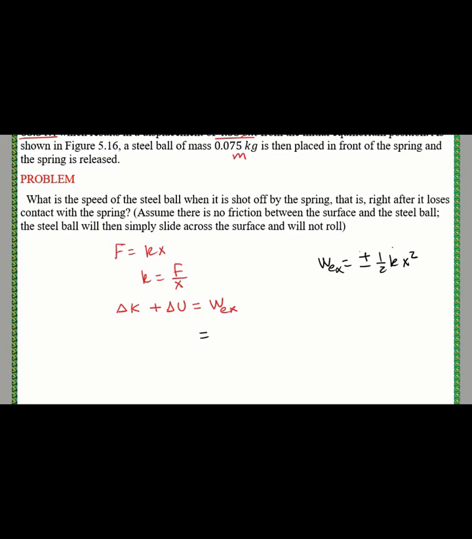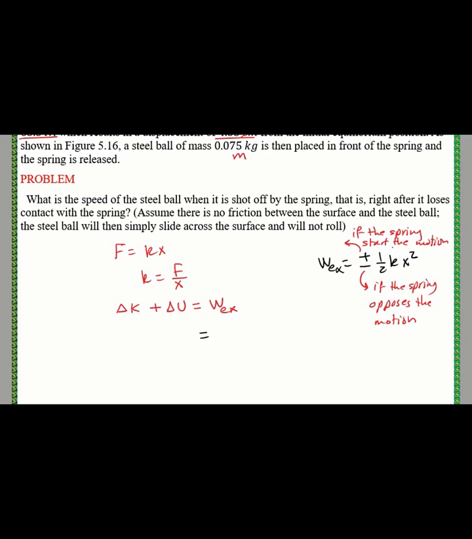We use the plus sign if the spring starts the motion, and we use the minus sign if the spring opposes the motion or stops the motion.